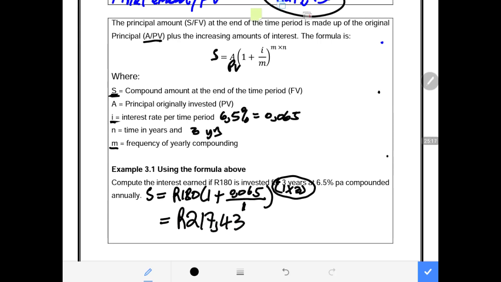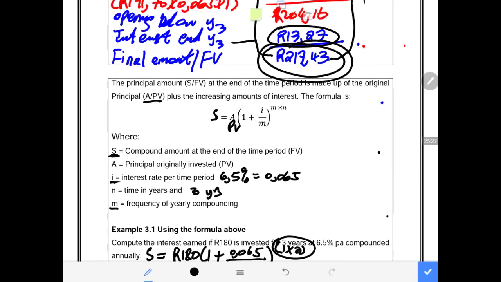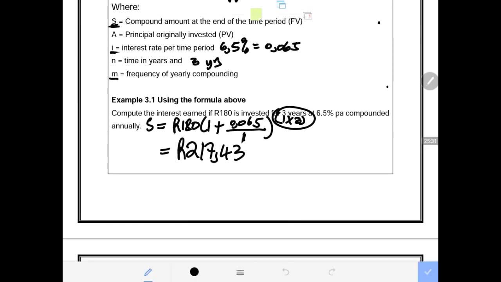So now this formula will give you the sum accumulated, or the future value, which we previously calculated in our past calculation as 217 Rand 43 cents. So with that calculated, we can easily calculate the interest that was earned on the investment. The interest earned will be 217 Rand 43 cents minus 180.